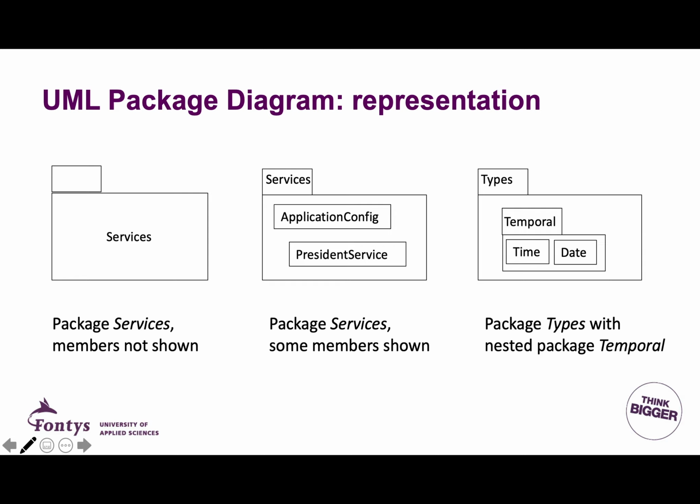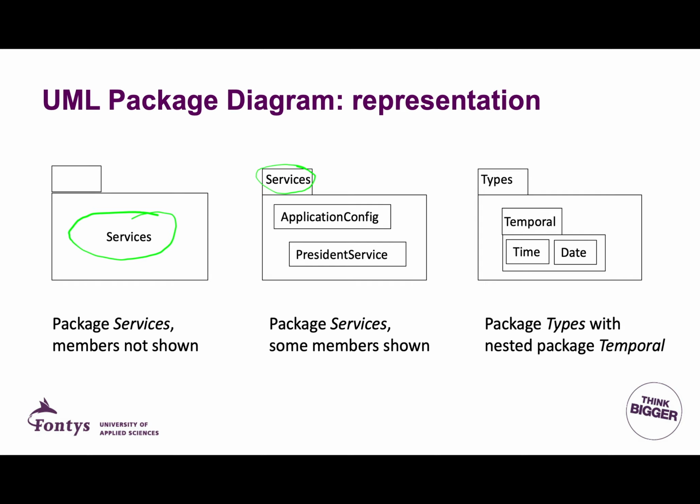How does it look? On the left side you can have the services, where no members are actually shown, in a package. So this is just a package name, services, on the left side. Just write it in the middle. If you don't have anything inside, you can have the package services again, and then you write the name on top of the tab.